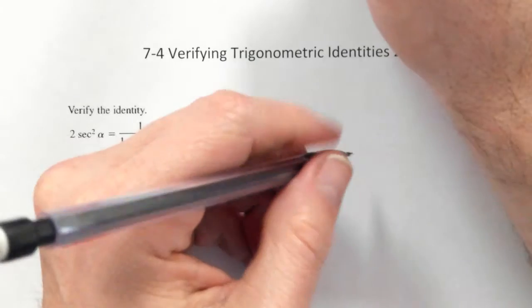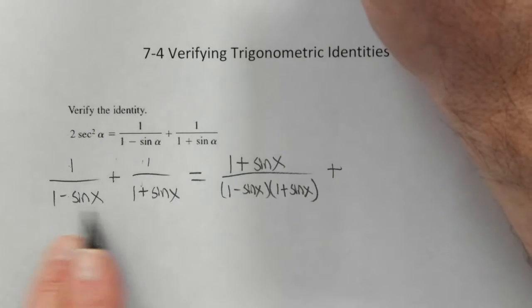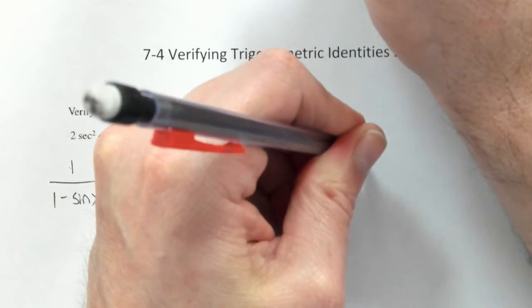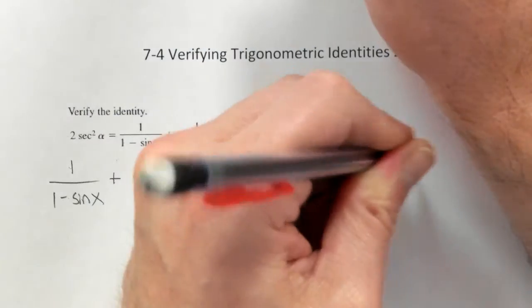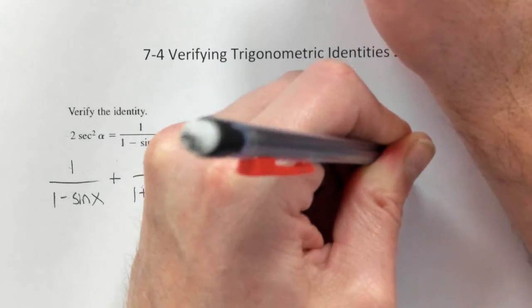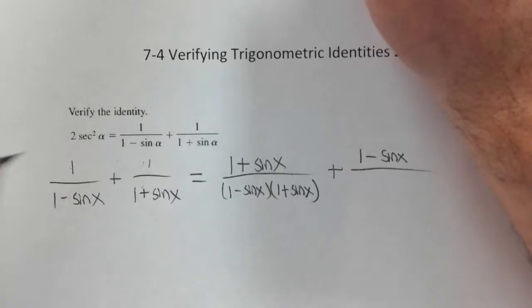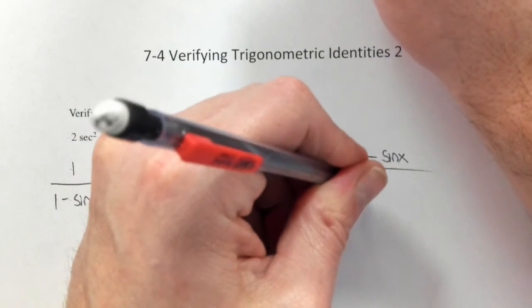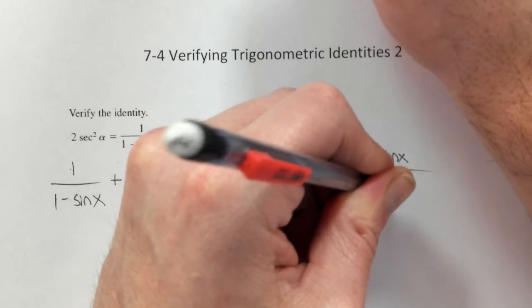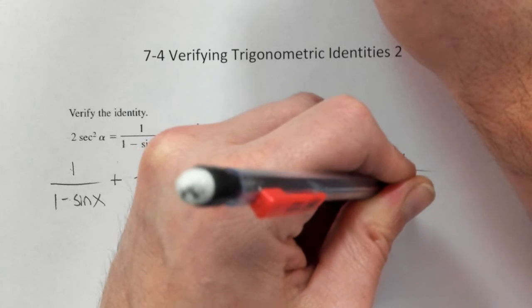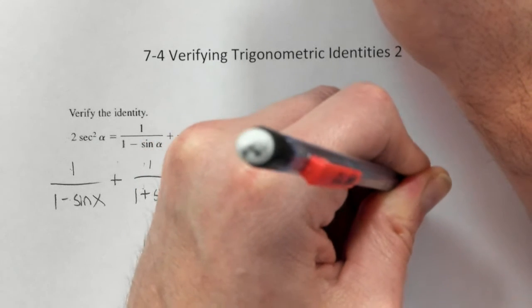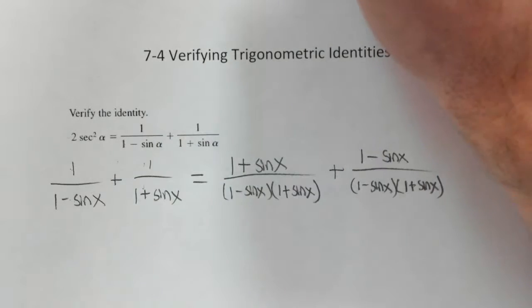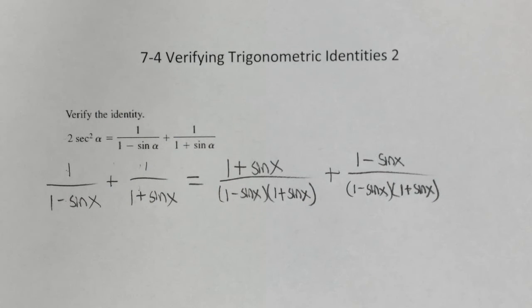Then the other fraction plus, now we're multiplying the top and bottom by 1 minus the sine of x, which leaves me with 1 minus the sine of x over the same denominator, 1 minus the sine of x times 1 plus the sine of x. Okay, so now we've got it to here.